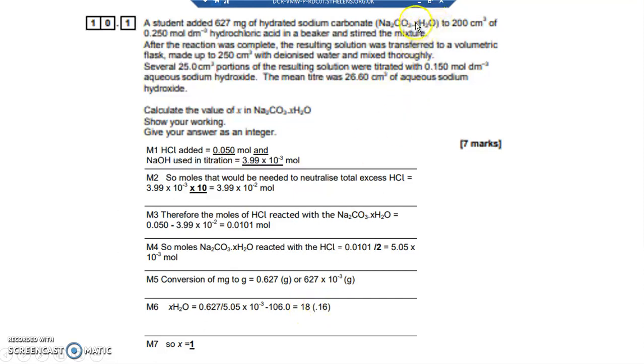So the Mr of H2O is 18. I've got 18 left over, so an Mr of 18 left over. The Mr of water is 18. So it means that I've got 1 water in there and X is 1.